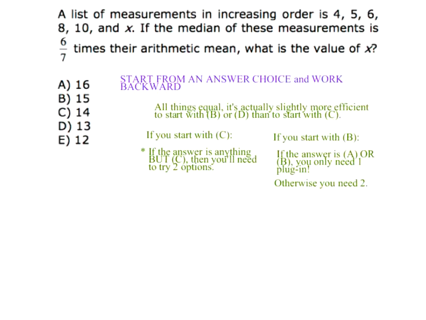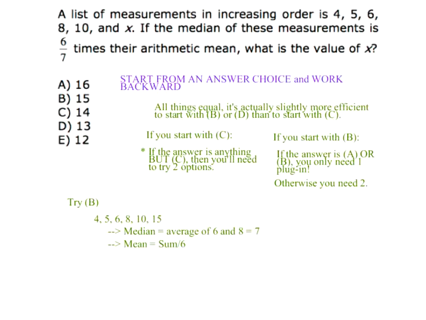So let's try that. Let's try B. That means your list of measurements is 4, 5, 6, 8, 10, and 15. The median is 7. It's the average of 6 and 8, the two middle terms. And the mean is the sum of all those things divided by 6.